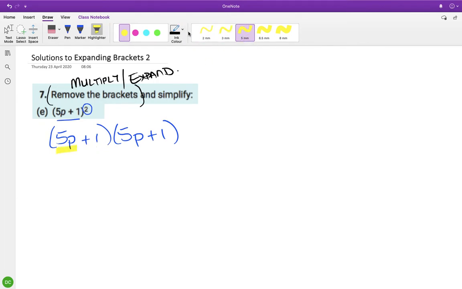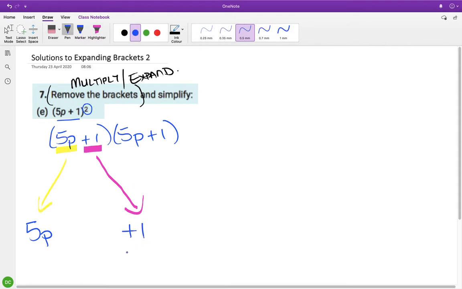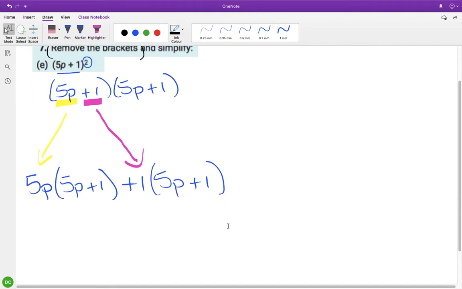So you take this, and we're going to write it down here. And then we take this, and we're going to split it up. So we're going to write it over here. Okay, and then after the first part, we write the second bracket in full. And after the second part, we write the second bracket in full. The second bracket gets written twice.